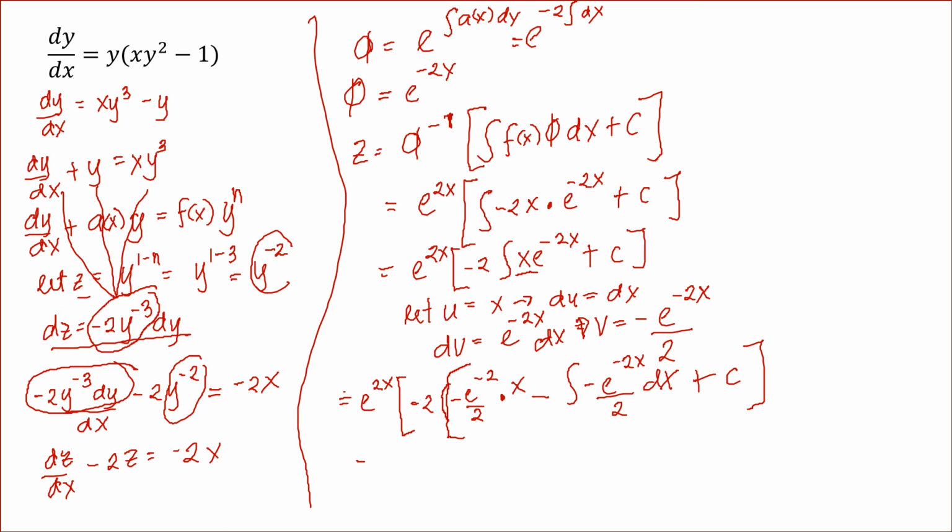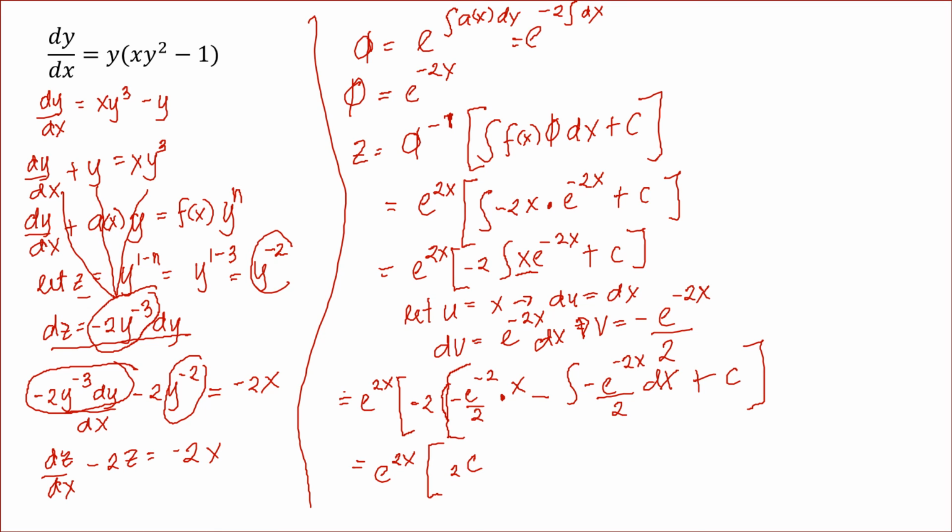So therefore e^(2x) times -2 multiplied by, I'll just make this a bit simpler. Negative times negative becomes positive, and 1/2 times 2 is 1.